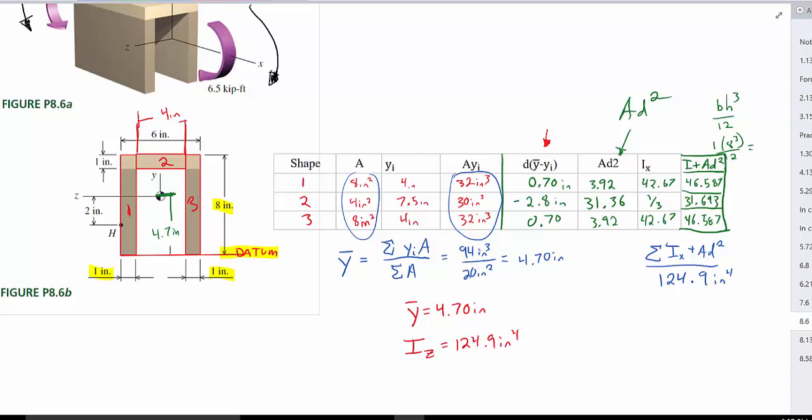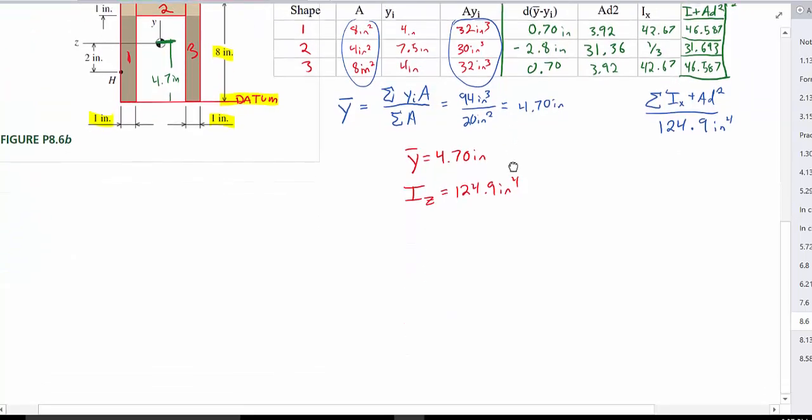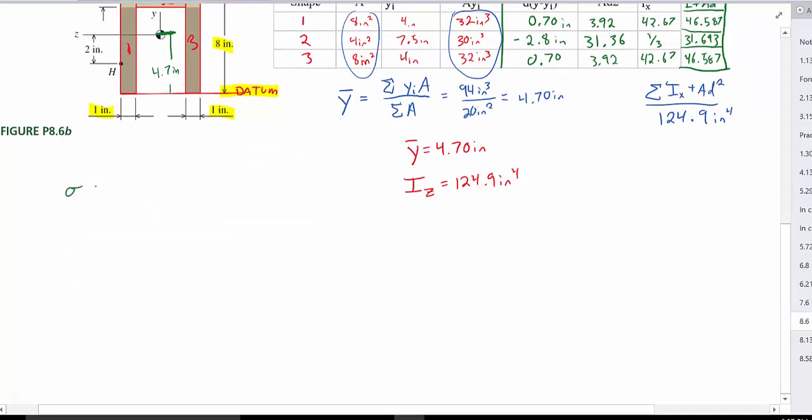From our formula, stress equals our moment multiplied by y divided by I. But we can say that y divided by I is also going to equal our moment divided by S, where S equals I divided by y, which would be our y maximum from the centroid to the outermost edge.